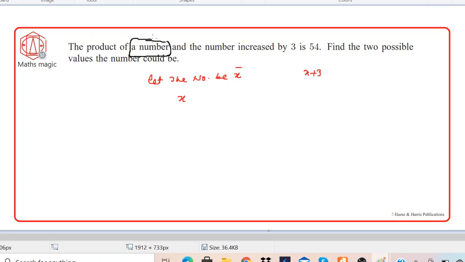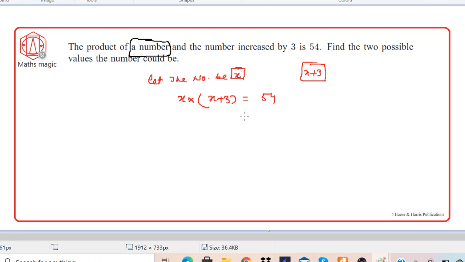If you increase any number by 3, you add 3 to the previous one. Now the product means multiplication. You have to multiply the previous number with the new number, and the result is going to be 54.